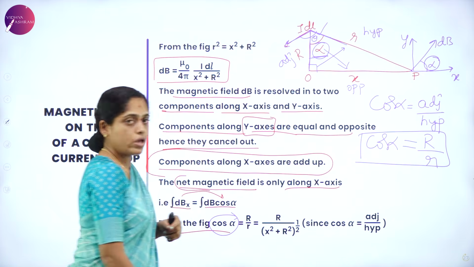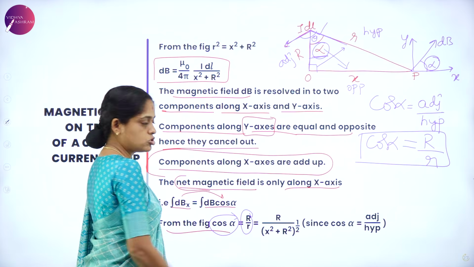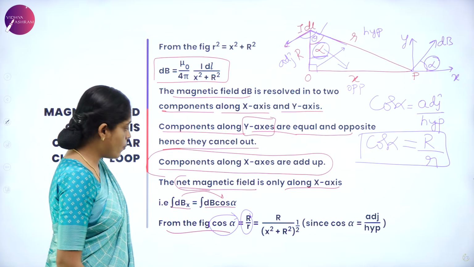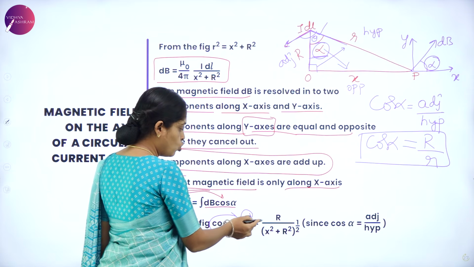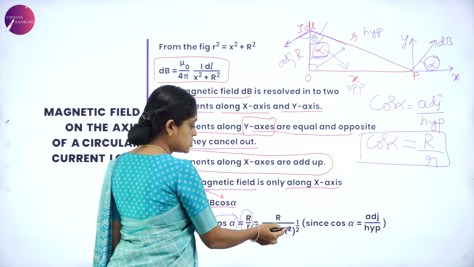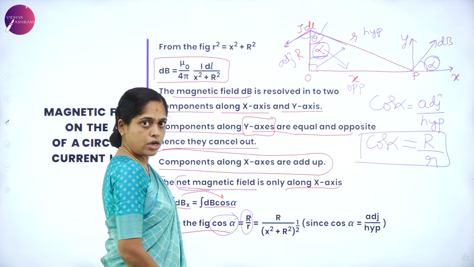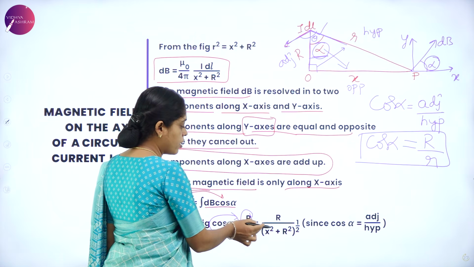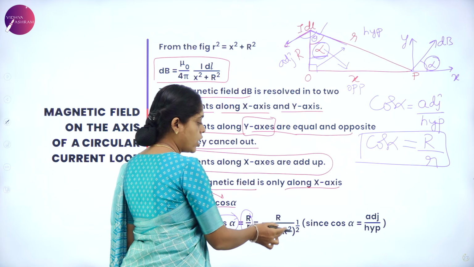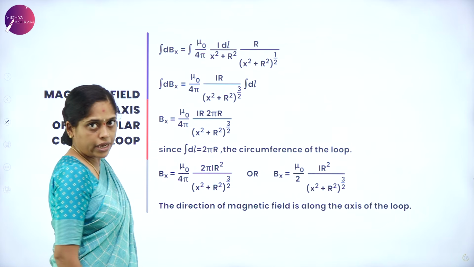Cos alpha is R by r, that is capital R by small r. And you know by Pythagoras theorem, the small r is the root of x square plus r square. The root here I have represented in terms of power. So, cos alpha is equal to r by (x square plus r square) whole to the power of 1 by 2. Let us substitute in the next step.